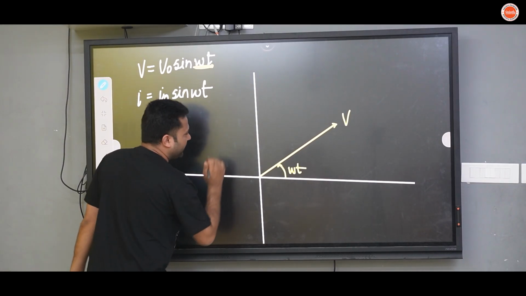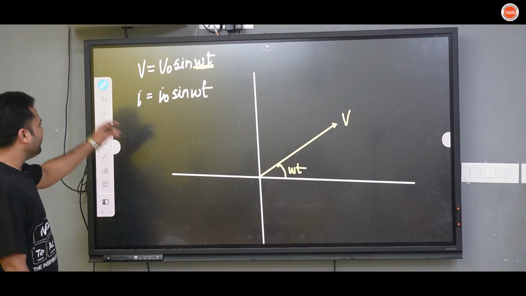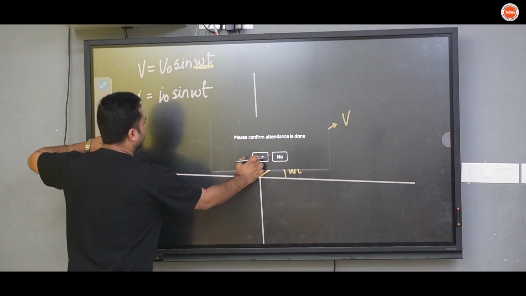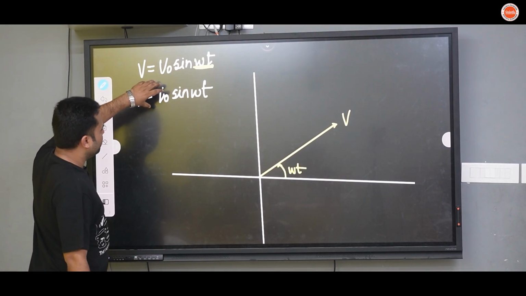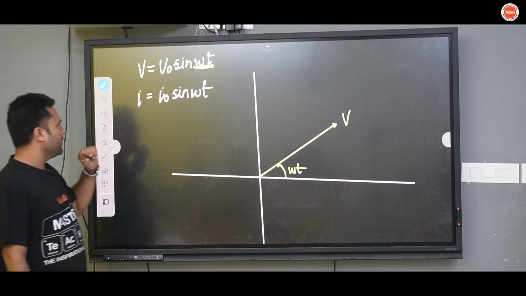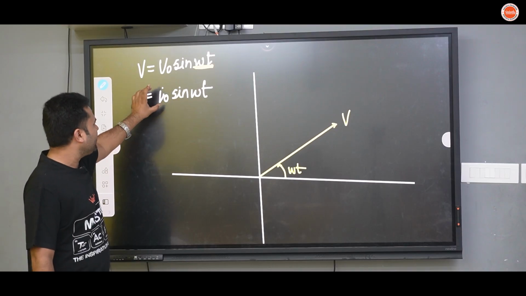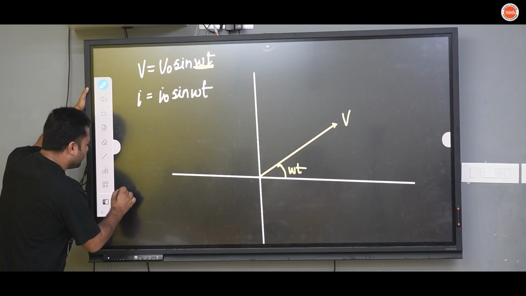In the same diagram, I have to represent current as a vector. Current again will have magnitude as well as direction. So magnitude is how much? I0. What was I0?